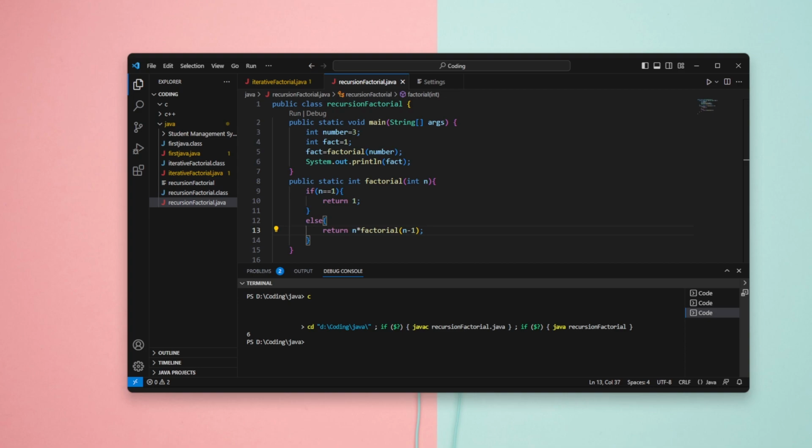However, the recursive algorithm uses the call stack to keep track of function calls, which results in additional space usage.